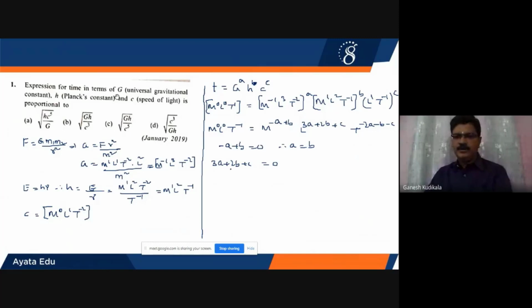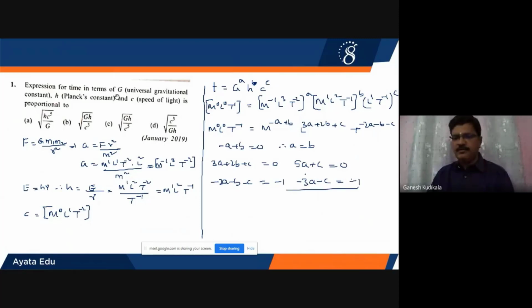Since a and b are equal, putting b equal to a, this equation becomes 3a plus 2a, which is 5a, plus c equal to 0. Similarly, equating the powers of time, minus 2a minus b minus c is equal to minus 1. With b equal to a, I get minus 3a minus c equal to minus 1.